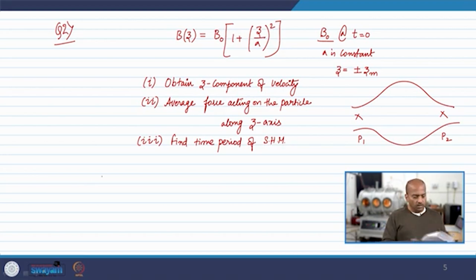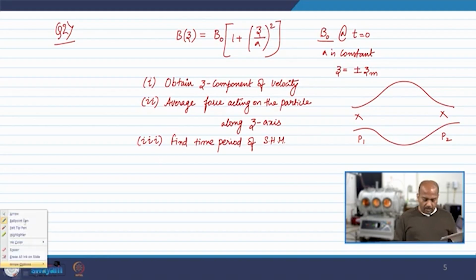Now, we are asked a different set of questions. In the last example, we had to just get the points where the mirroring will happen. Now, here we have to obtain a different set of parameters. So, we will go step by step.